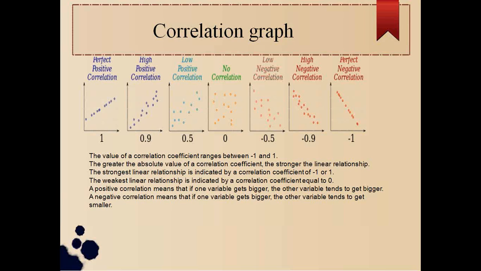As the correlation coefficient decreases, the graph becomes more scattered. 1 and -1 are perfect straight lines. With 0.9 and 0.5, the graph becomes more scattered, and with 0 there is no correlation and the graph is totally random. So covariance is basically used to calculate correlation, and the correlation scale lies between 1 and -1.